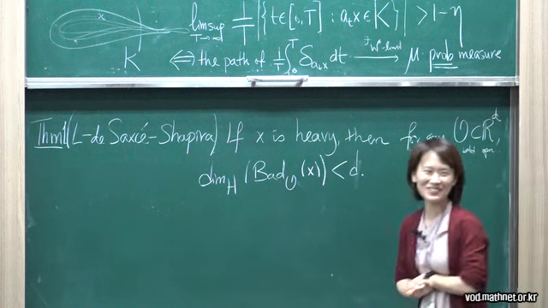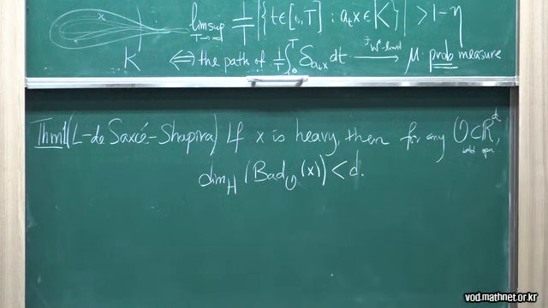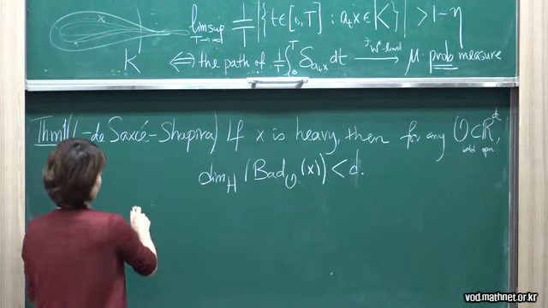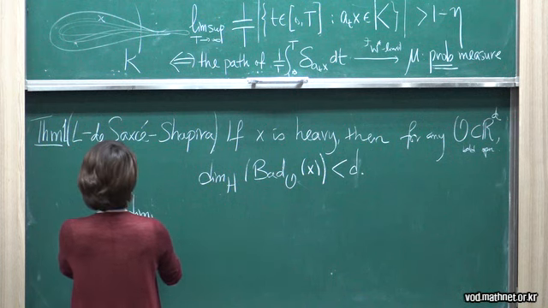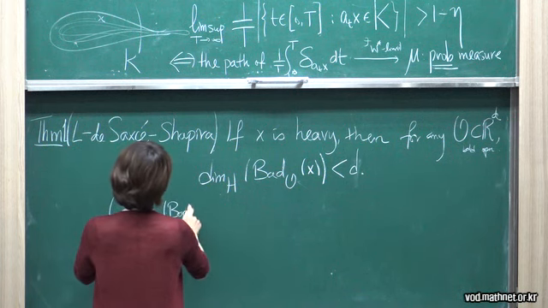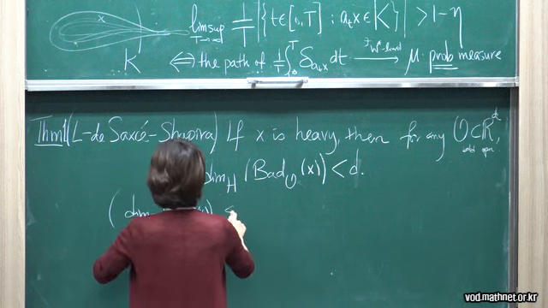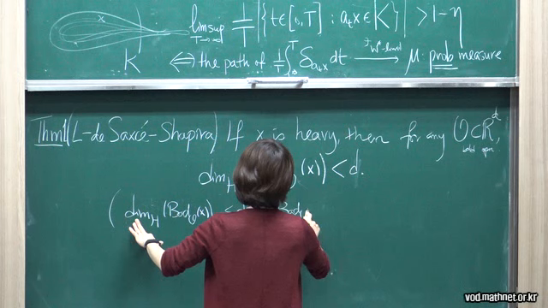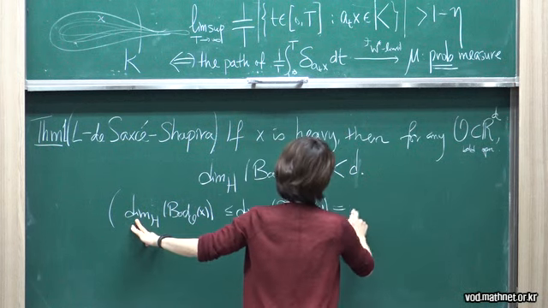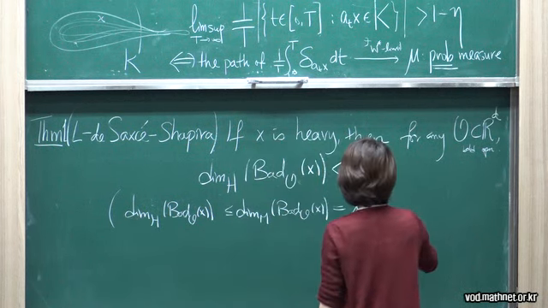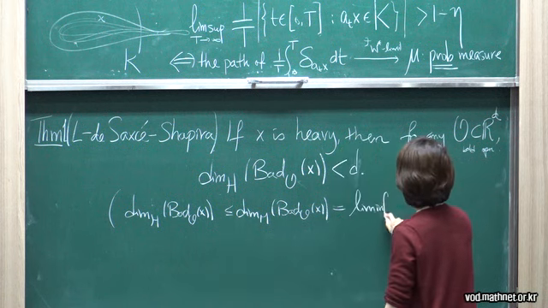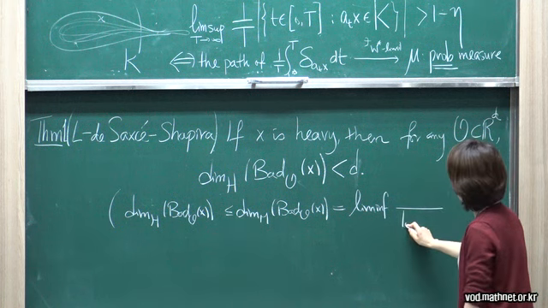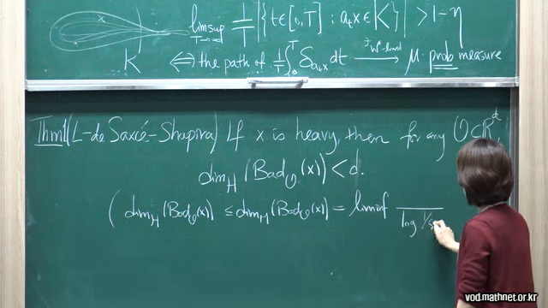Okay, what is Hausdorff dimension? Let me not define it today, but actually what we are really doing is, instead of Hausdorff dimension, we work with Minkowski dimension. So let me define Minkowski dimension. Actually, to be precise, you have to say lim inf of log of N(delta) over log of 1 over delta.